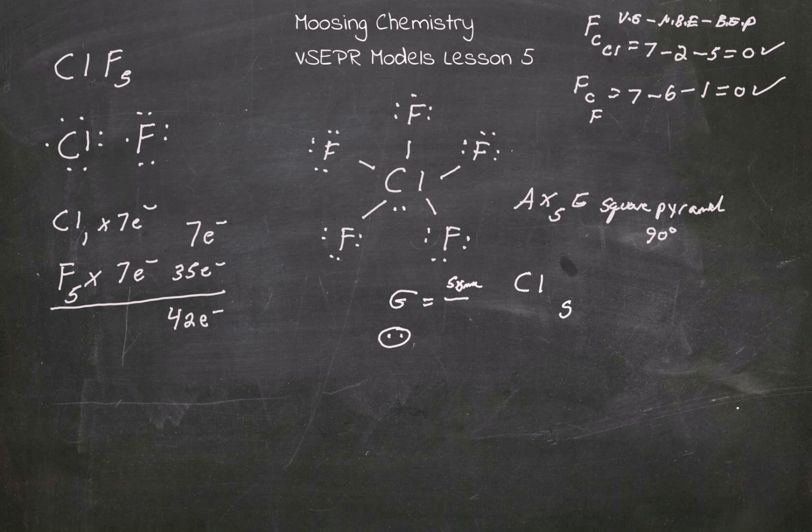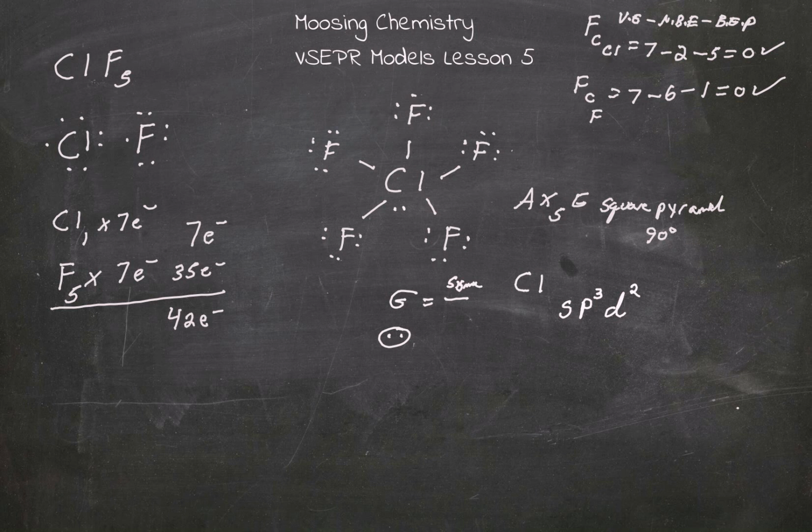So S takes 1 of them, P takes 3. So that's 4, and then, of course, we want 6, so it would be sp3d2, I believe.